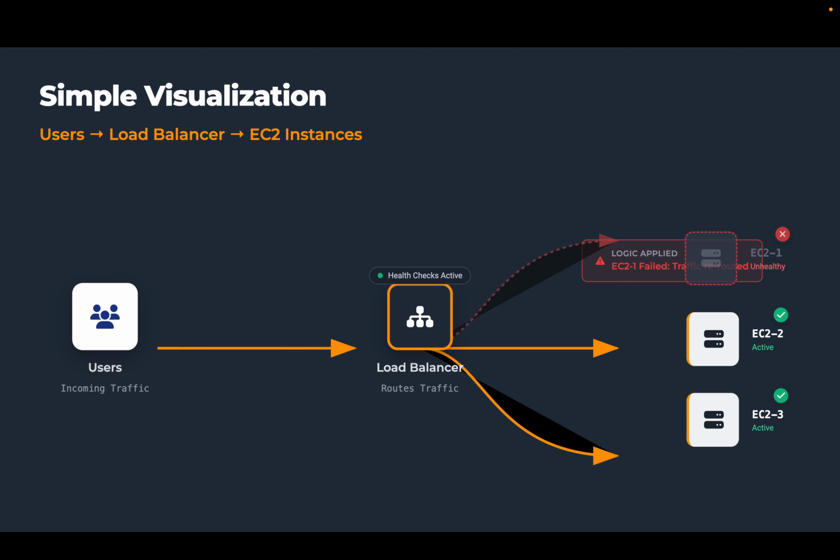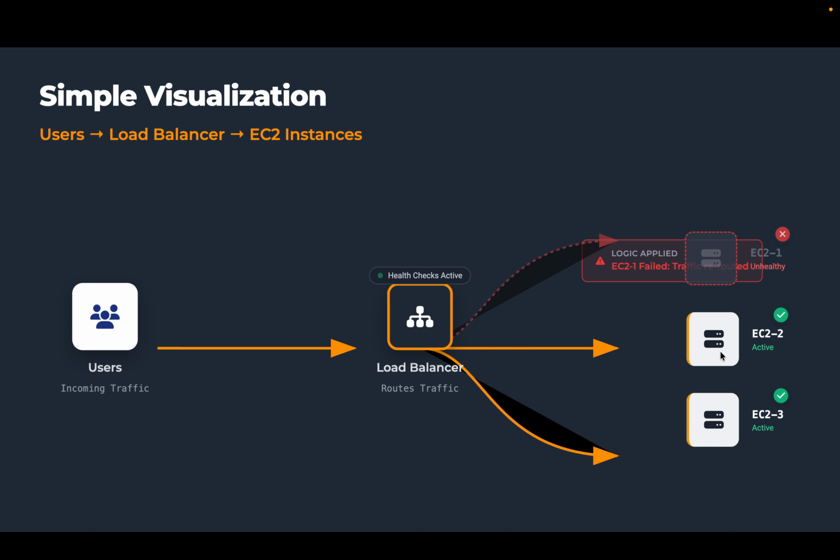If our app runs on 3 EC2 instances and 10,000 users hit it, then the load balancer distributes that traffic across the instances.